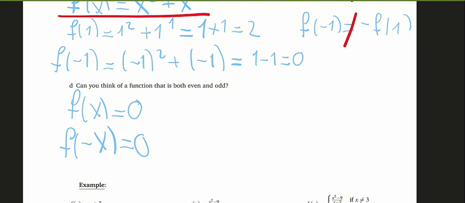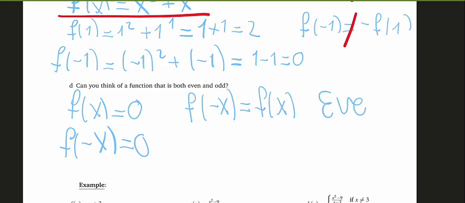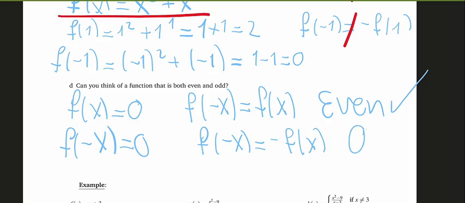As it happens, 0 equals 0. So f of negative x equals f of x. That's even. And 0 equals negative 0. So f of negative x equals negative f of x. So it's also odd. Both are true for this function. This is the only true function that is actually both even and odd that we'll encounter in this class.